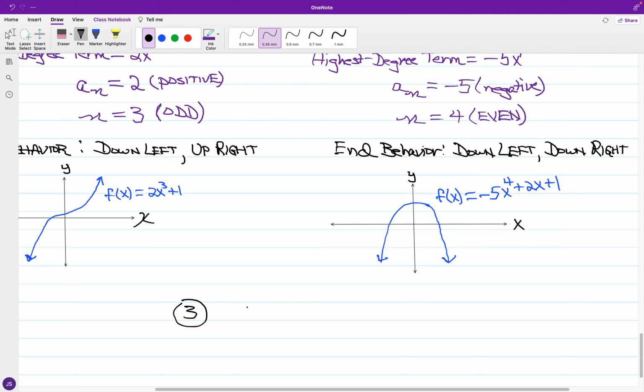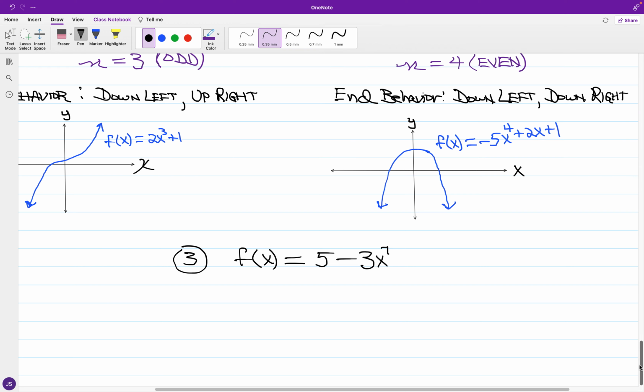And we'll say that we have f of x equal to, let's say, 5 minus 3x to the seventh. For the highest degree term, that's going to be minus 3x to the seventh.